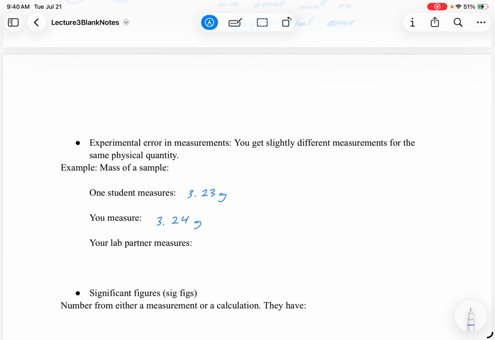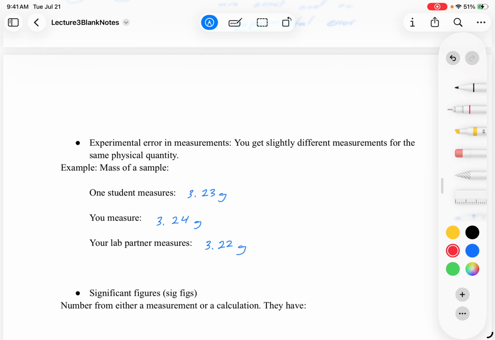Your lab partner measures 3.22 grams. So basically this is what we would call experimental error.